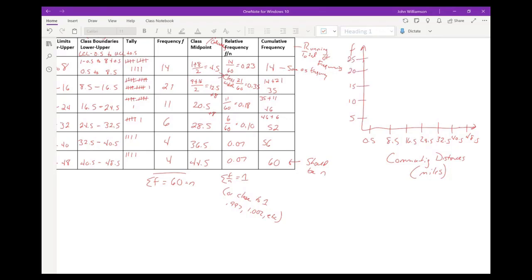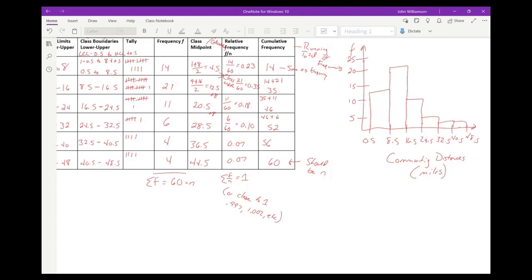And then you're just drawing the bars for each of those classes. So 0.5 to 8.5, that class 1 to 8, had 14 data values. 8.5 to 16.5 had 21. And so on down: we had 11, 6, 4, and 4.